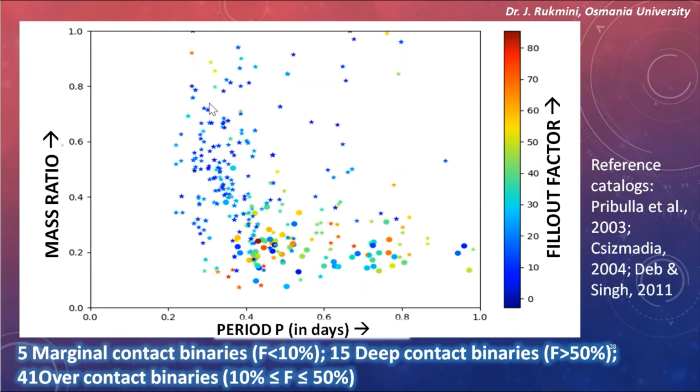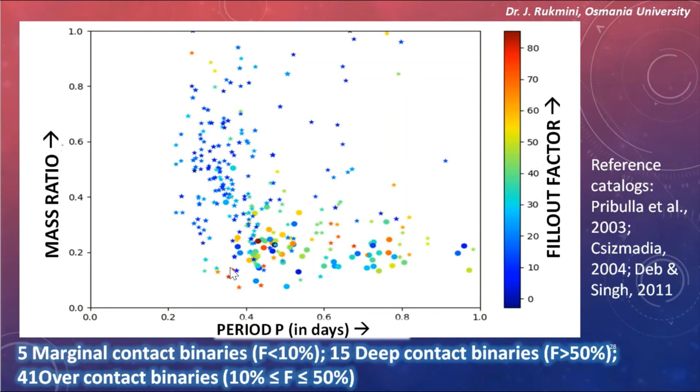This is a plot of period versus mass ratio, and the various stars here, small stars, represent a catalog of objects which were studied by Ruciński et al. And Djurašević, Davidson, a set of objects which were cataloged by them. And on the backdrop of this, we have overlapped the plot with our objects.